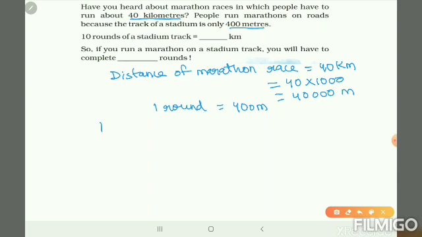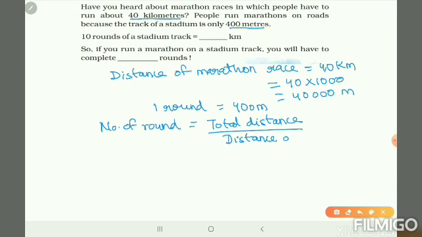So simply to find the number of rounds, what do we have to do? We have to divide the total distance which has to be covered by the distance covered in one round. Both the things we know.